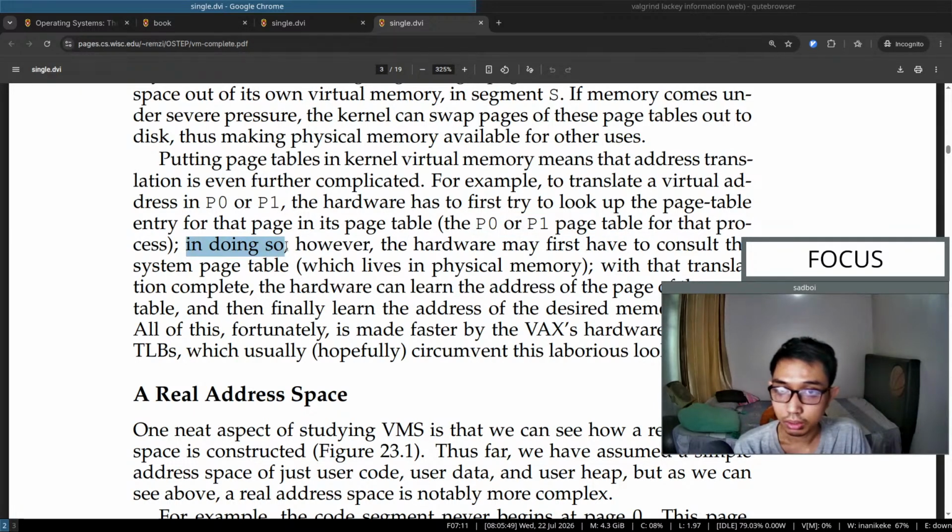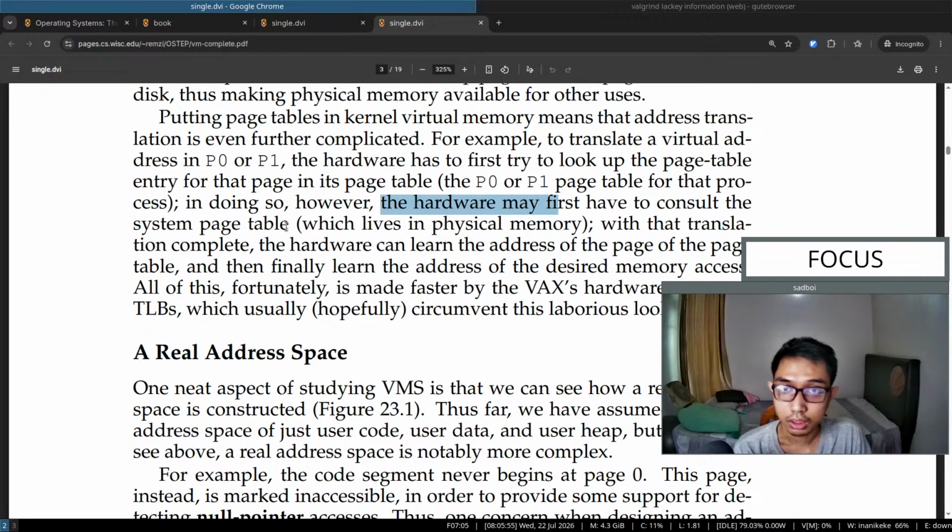In doing so, however, the hardware may first have to consult the system page table, which lives in physical memory.